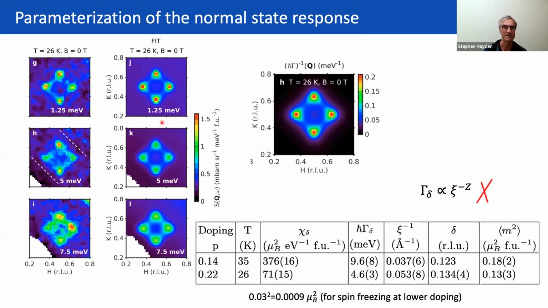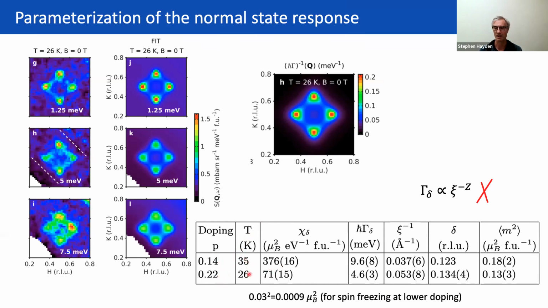And here's the fit on the right hand side, and this is the data. Of course we fitted a lot more data than is shown here. Here are the parameters we had for a slightly underdoped sample compared to an overdoped sample.